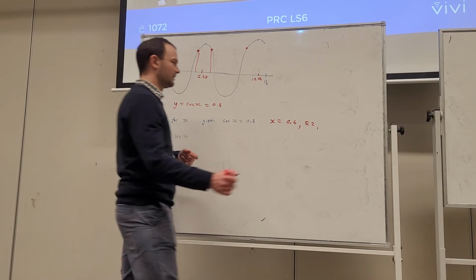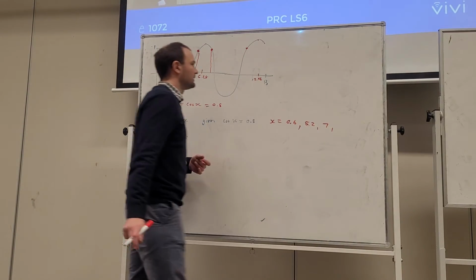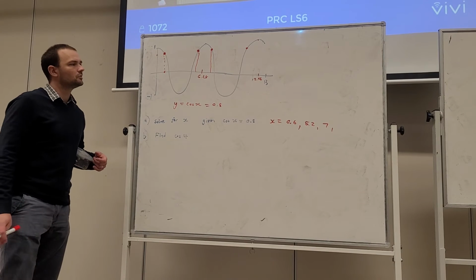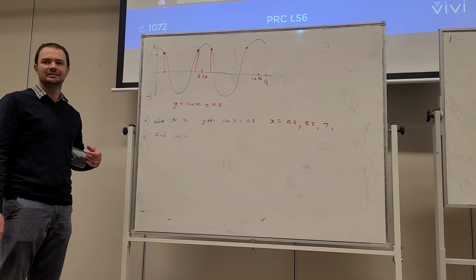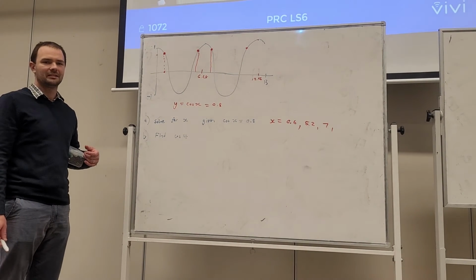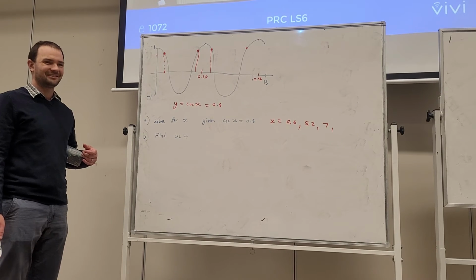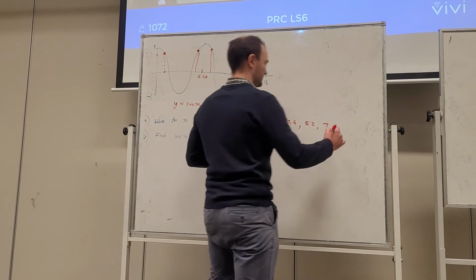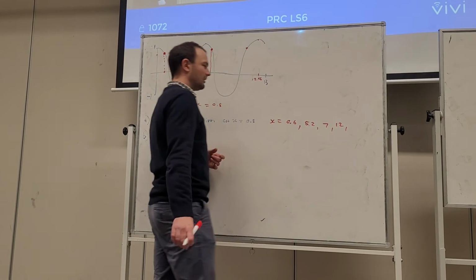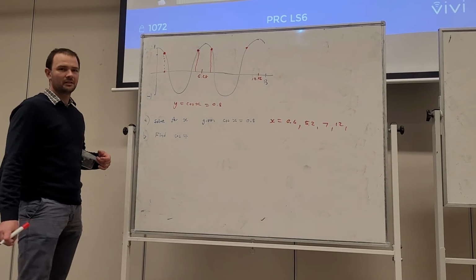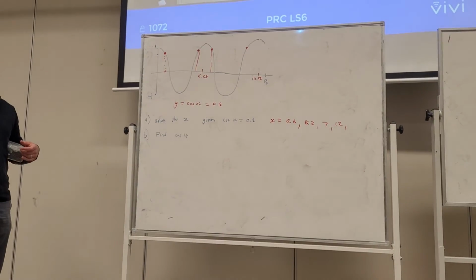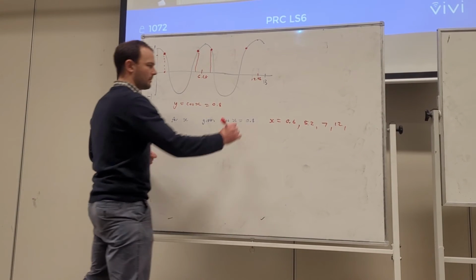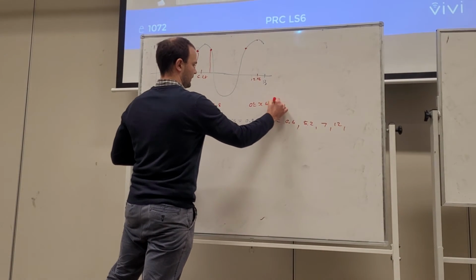About 7? Well, 12? Thank you. And is that the last one? There's one at 13 point something. So it occurs after 13, so we don't need to consider it, because we're specifically talking about the domain between 0 and 13.